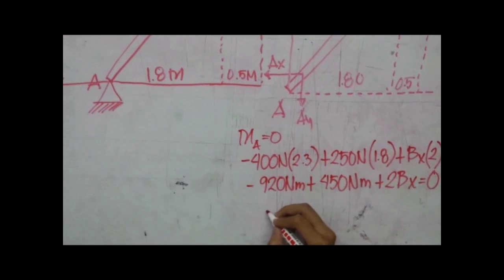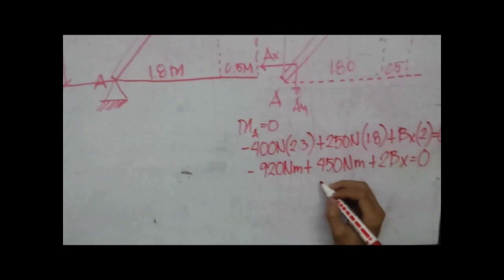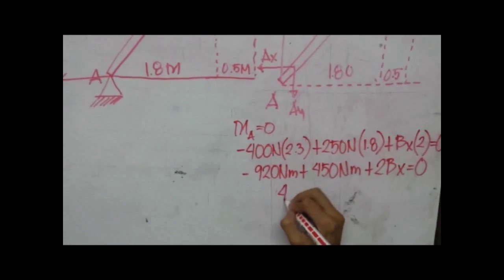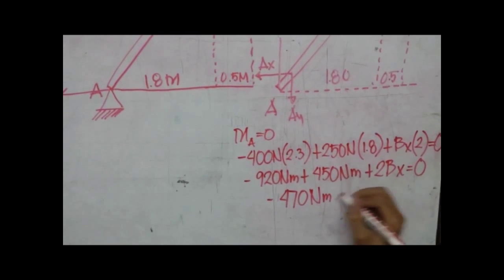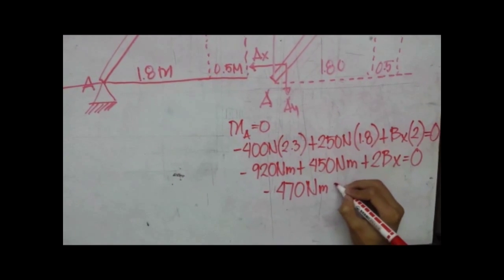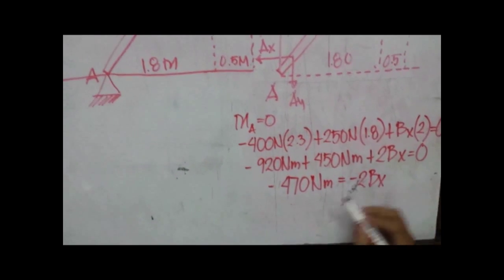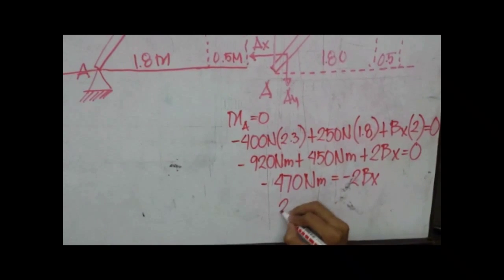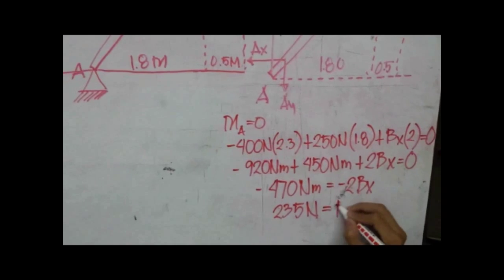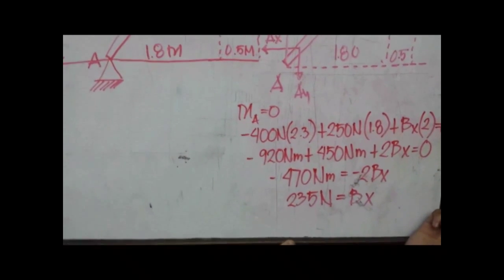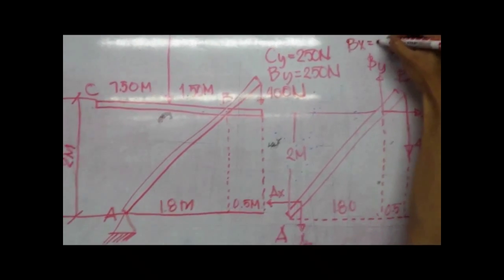Simplifying more, negative 920 Newton meter plus 450 is equal to negative 470. Divide both sides by negative 2, we get 235 newtons, the value of Bx. Now we must remember that Bx is equal to 235.